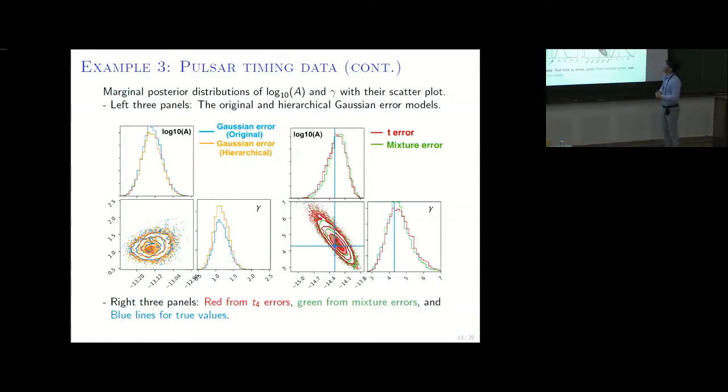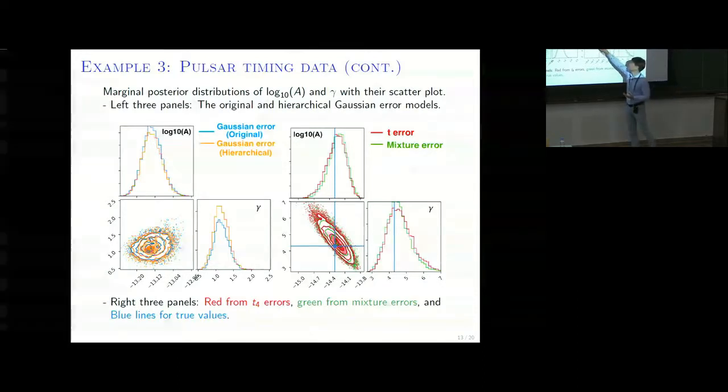When we use T error or mixture error model, the results are quite different. In this case, the distribution of each parameter contains the true generative value near the mode of each marginal distribution.